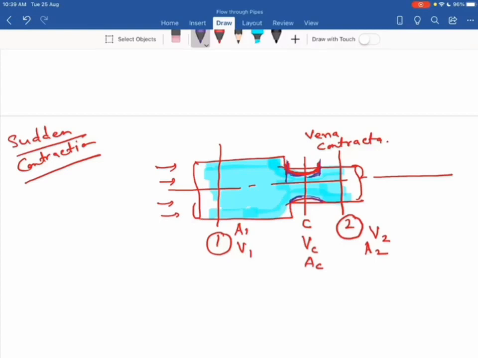At vena contracta, that is formed due to sudden contraction, I divide that portion into two parts: the converging part and the diverging part. Now the length of the converging part is very small as compared to the length of the diverging part in an actual situation.